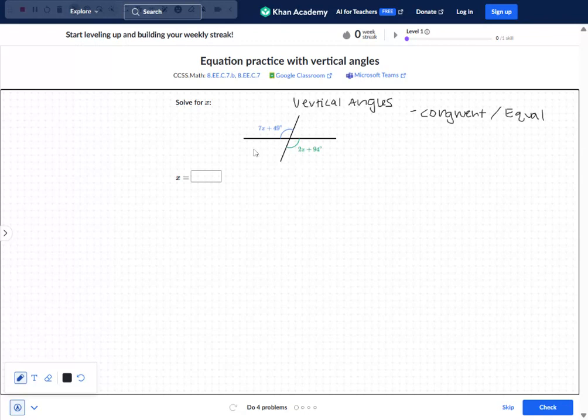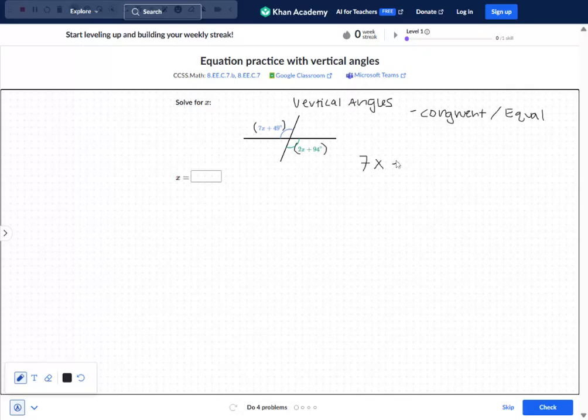We're asked to solve for x. So we've got some unknowns, but we do have some prior knowledge. We know that vertical angles are congruent, which means they're equal. So we can just set them equal to each other.